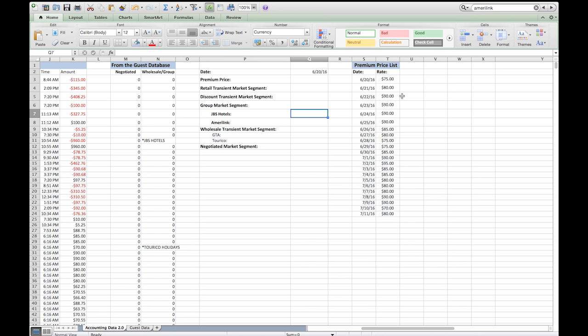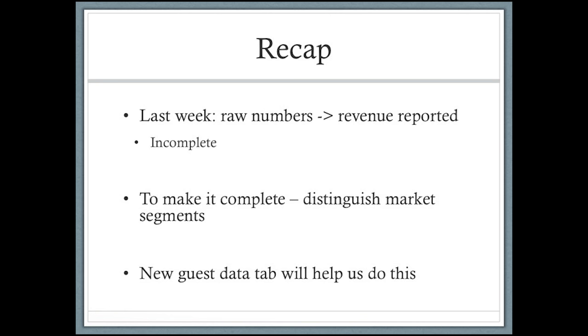So now, to make sure you guys don't get lost here, let's summarize everything. So we start off with what you learned last week. We still have our accounting data, the raw numbers that my front desk produced as they go through their day-to-day operations. Last week, you used this data to create journal entries and report revenue. But we don't just want to report revenue earned for the day, right? What you did last week was incomplete.